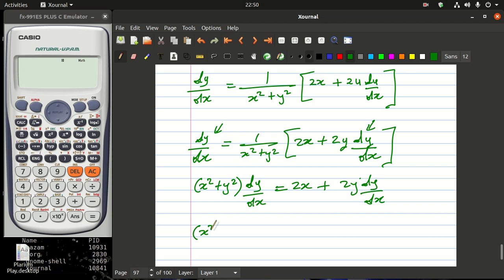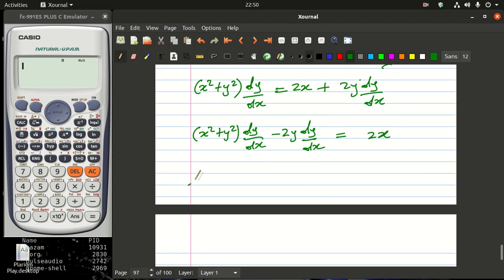So I end up having x squared plus y squared times dy/dx, minus 2y dy/dx, is going to be the same as 2x, because 2x is going to be left alone there. And then I factor out dy/dx, and inside I will end up having x squared plus y squared if I take this one out, and if I take this one out I'll be left with minus 2y, and on the right hand side I end up having 2x.